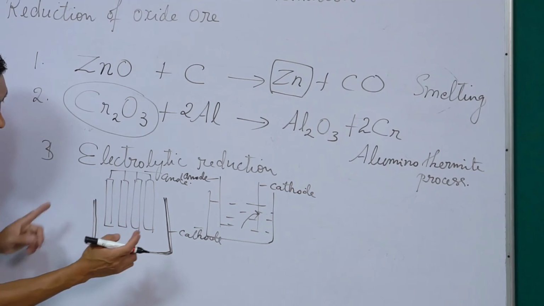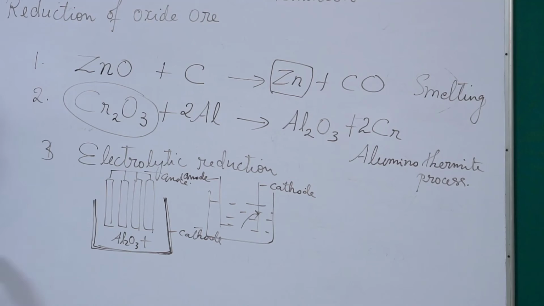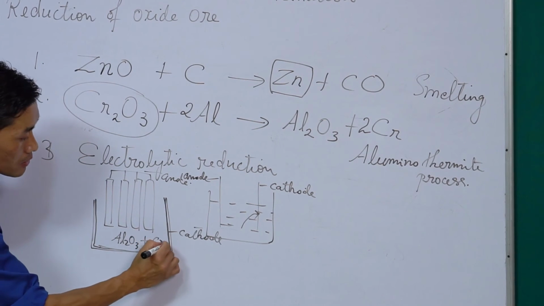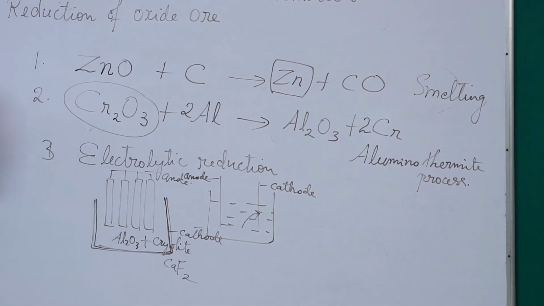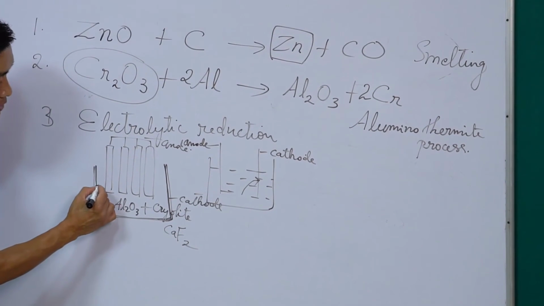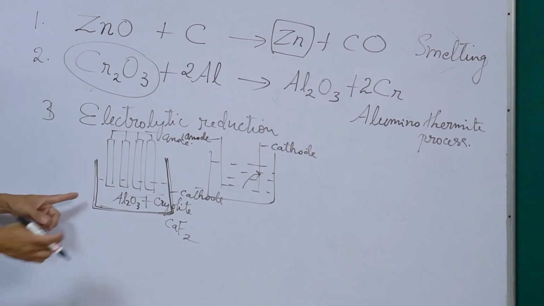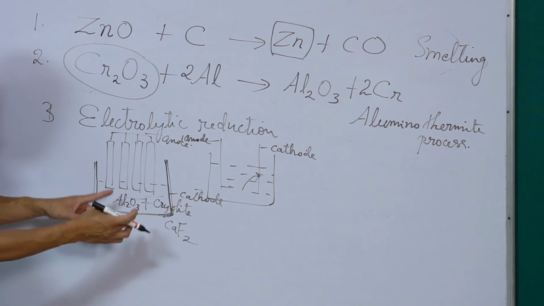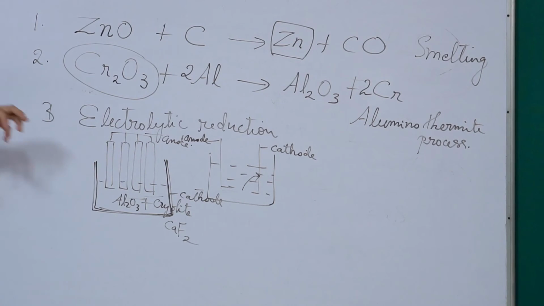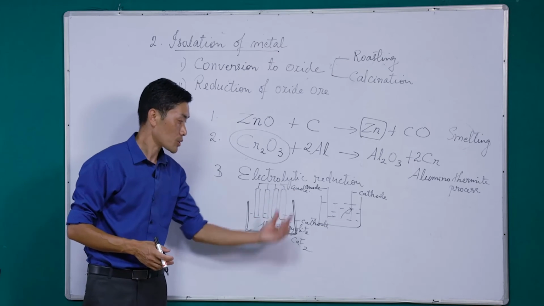The ore, that is aluminum oxide, is mixed with some cryolite as well as calcium fluoride, and this forms the electrolytic solution. On passing current, aluminum metal gets deposited at the cathode, and at the anode, either carbon dioxide or carbon monoxide or even both of them will be formed.